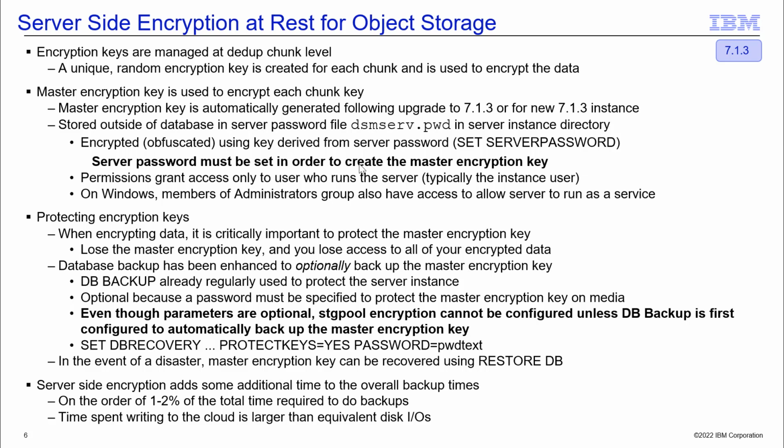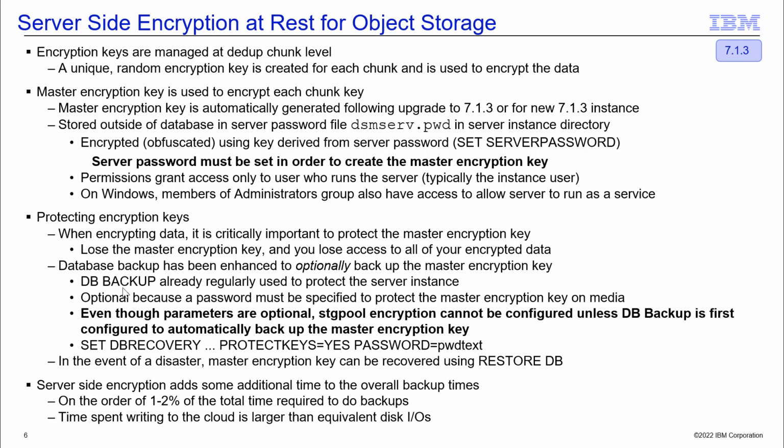And this is going to be encrypted, and it is going to be derived from the server password that you set when you issued the set server password command. So it's critical that you have that server password. Otherwise, you're not going to be able to create the master encryption key. With those versions of Spectrum Protect server, you do have to make sure you're protecting that encryption key.